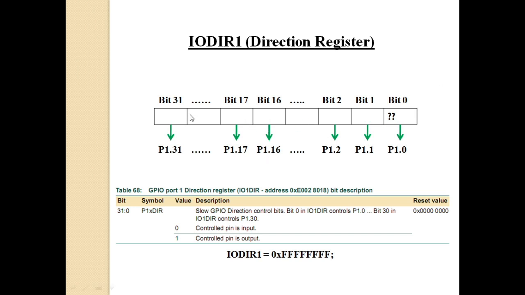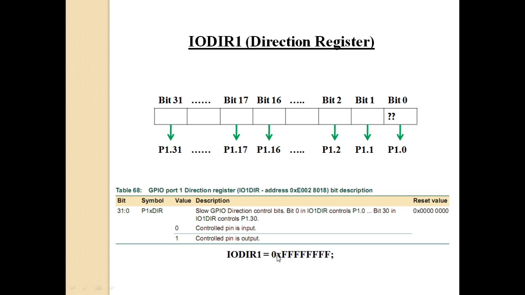Similarly, all the other bits from 16 to 31 should be configured as output. Why? Because you are connecting 16 LEDs. The direction of all the port pins you can configure separately, and the values of all the other bits can be either 0 or 1. It is don't care. So for the time being I am writing all these 32 bits as ones.